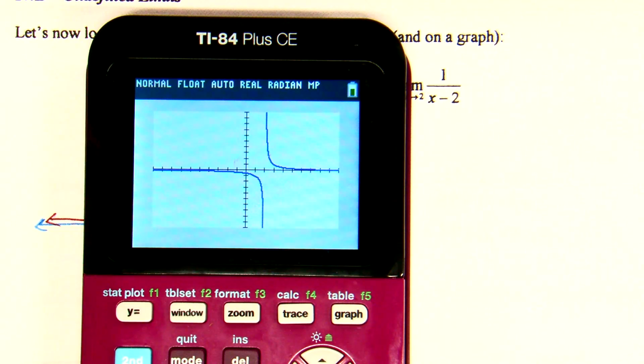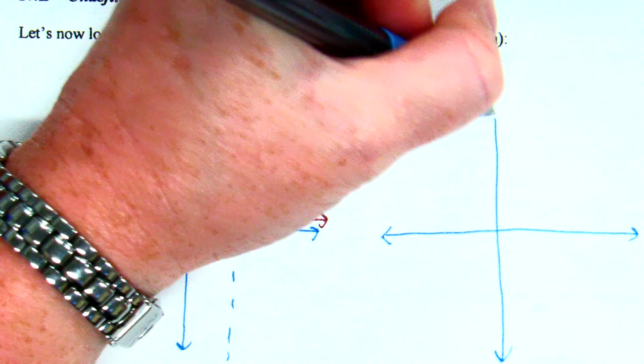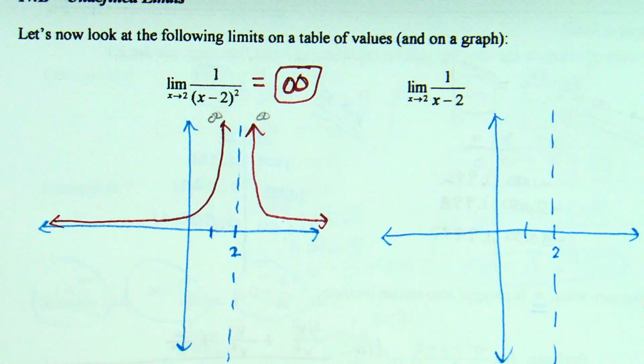Similar graph, except what happened? Yeah, one of them's going down this time. So let me sketch my graph in my notes again. Again, does it make sense there's a vertical asymptote at 2? Yes, because that's where my denominator equals 0.